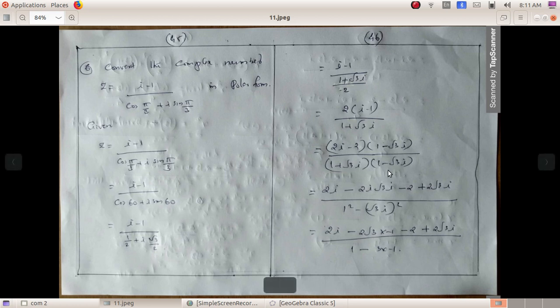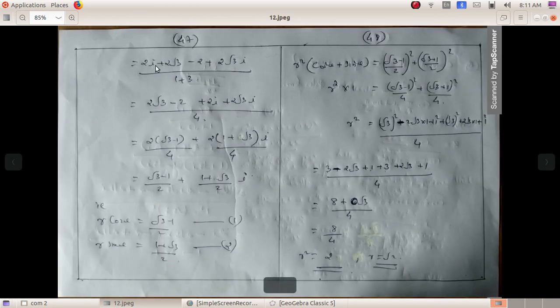Then after expanding and simplifying like this, you get (root 3 minus 1) by 2 plus (1 plus root 3) by 2 i. Okay, so r cos theta is equal to this one, r sin theta is equal to this one. Then squaring and adding, you will get r square is equal to 2, then r is equal to root 2. So you check these steps.